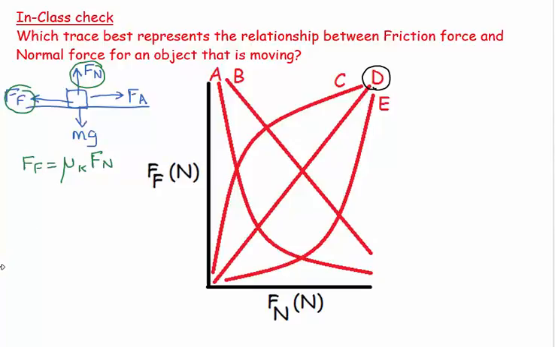We want to find the form of this relationship because this links FF with Fn. Looking over here, the choices include an inverse relationship or an inverse square relationship. I can't just tell by glancing at it which it is.